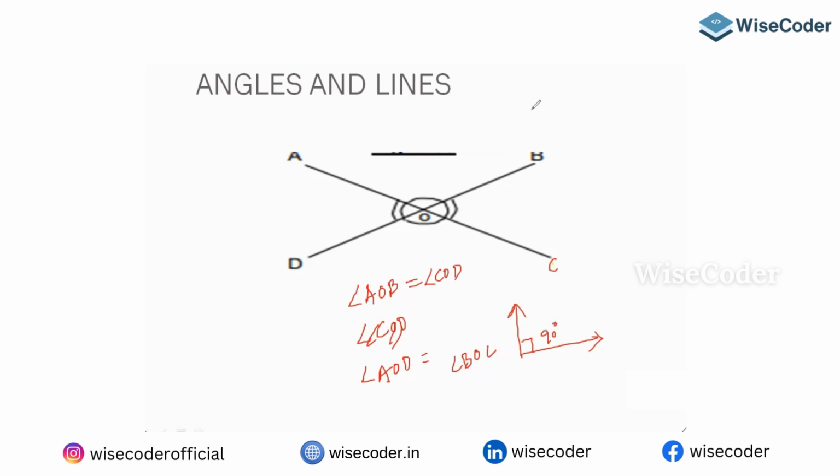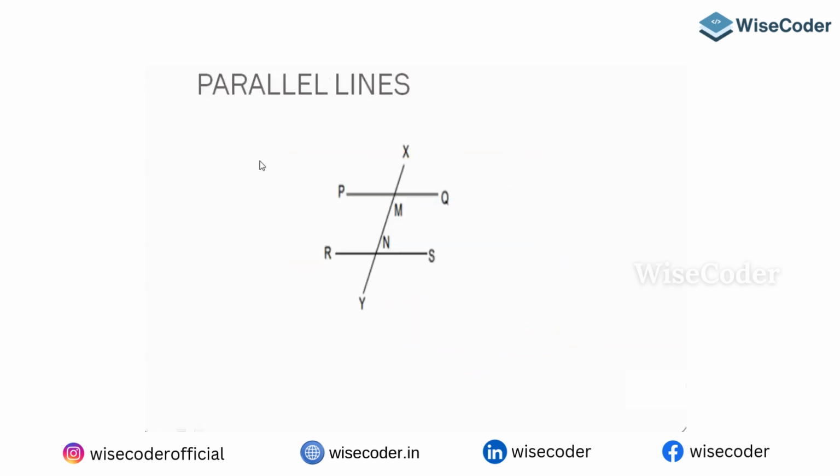Having understood this, next let's understand the next concept, which is parallel lines. When a straight line cuts two or more lines in the same plane, the line is called a transversal. So now PQ is one line and RS is one line. XY is cutting these two lines.